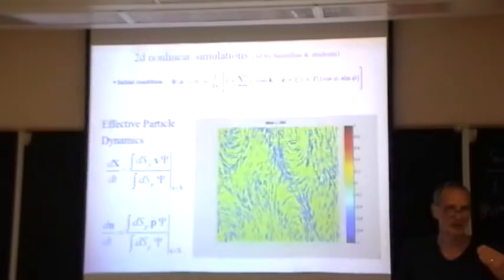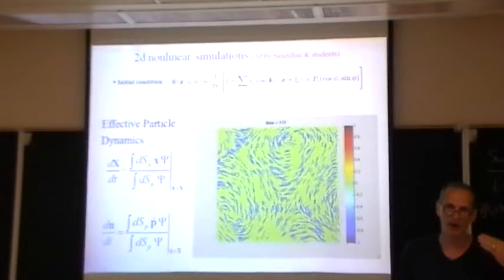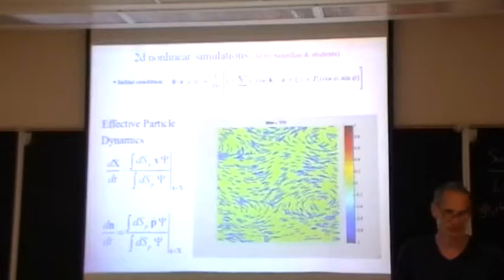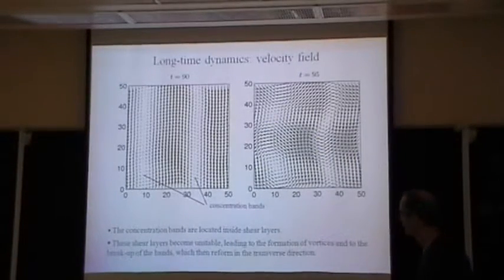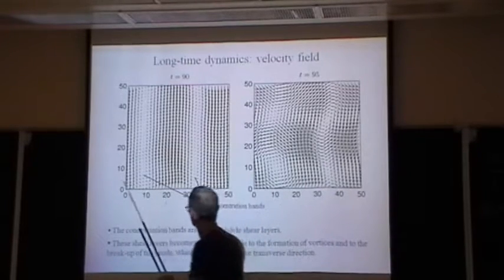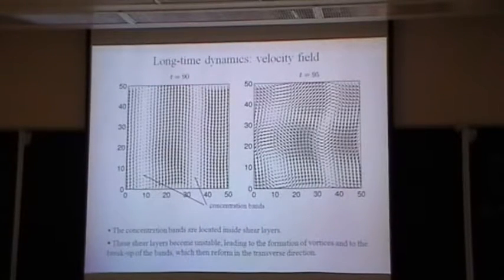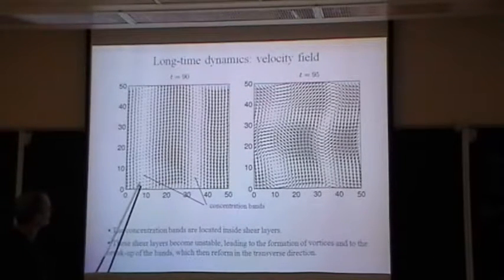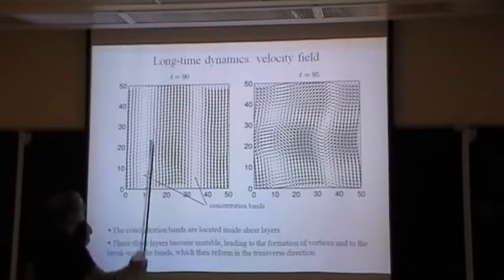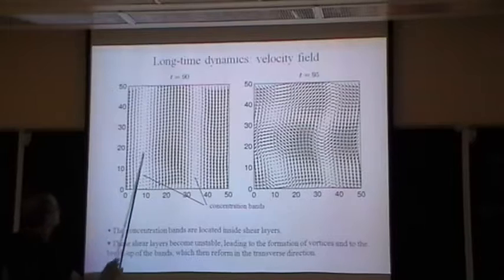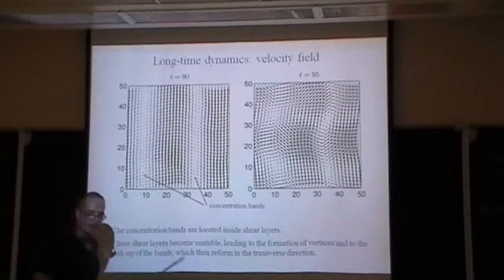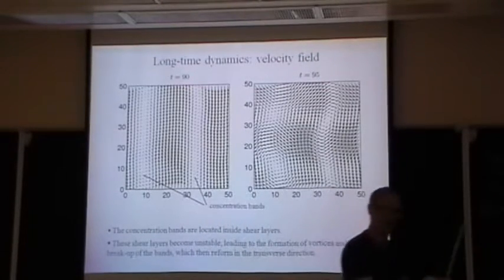So this was the growth of an instability from near isotropy for a pusher suspension. And here's some of the long-time dynamics you see. At least in these 2D flows, and you see a version of this in 3D, which David and his students have done, you end up getting jets in the background velocity field, and you have shear layers sitting in this that are associated with concentrations of the swimmers.